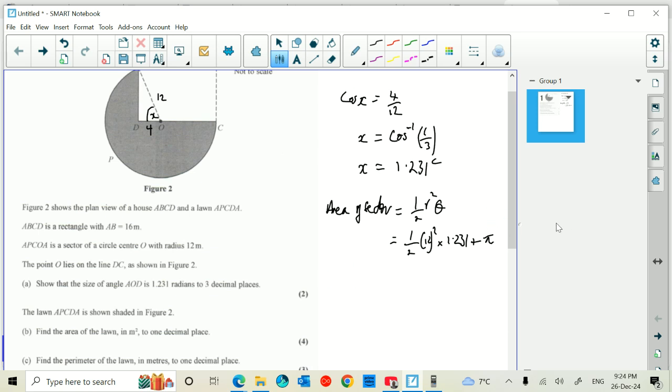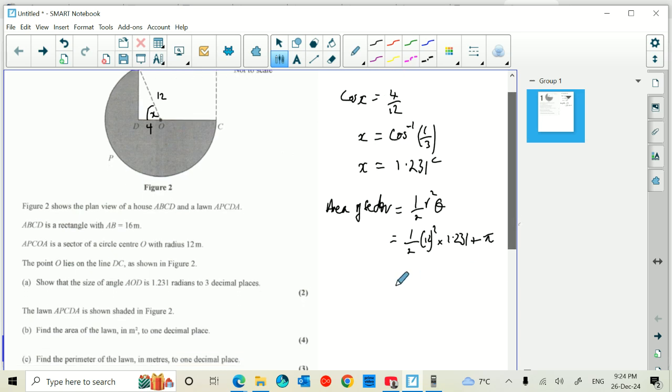We need to find the area of the triangle AOD, and that can be found: the area of triangle AOD is equal to a half base times height. That will give you half times 4, which is the base, and times the height, which will be, of course, the square root of 12 squared minus 4 squared, using Pythagoras' theorem.